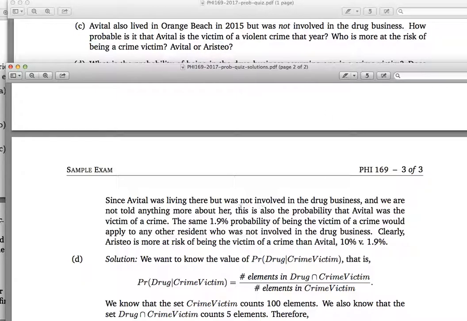If you remember, the probability of Aristeo being the victim of a crime was 10%, whereas the probability of Avital, who's not in the drug business, being a victim of a crime was 1.9%. So the risk, or the probability of being the victim of a crime, is significantly higher for Aristeo, who is in the drug business, compared to Avital, who is not in the drug business.